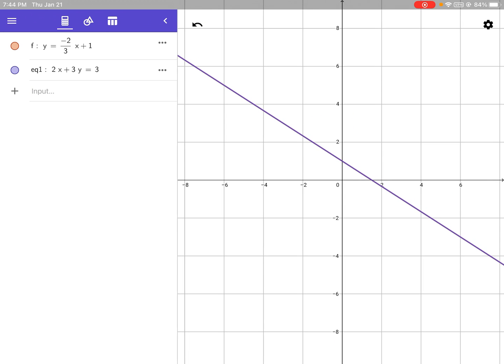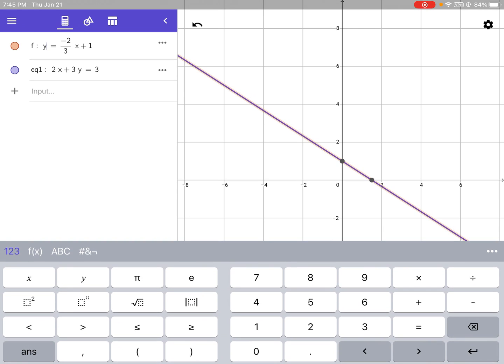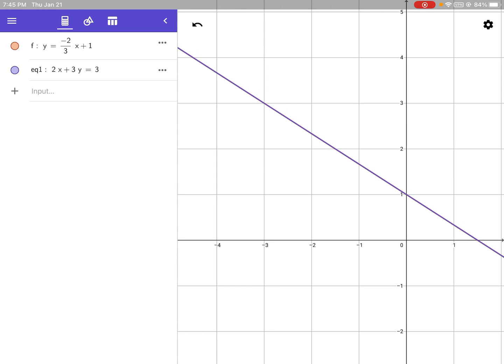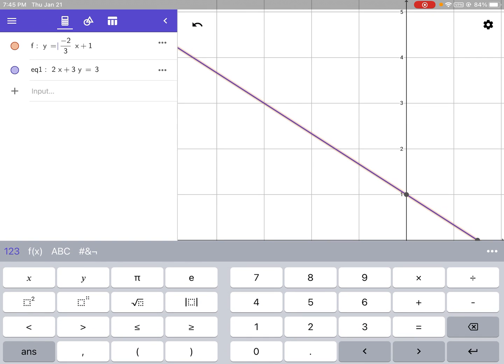All right. Okay, now watch when I tap. So that's the purple line. Watch when I tap the top equation again. And see how it puts like that glow behind it? So there's the one line, there's the other line. They are the same line.